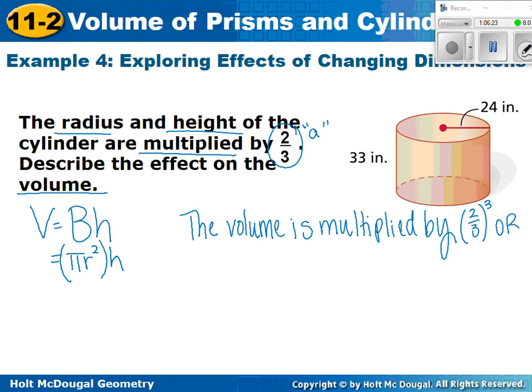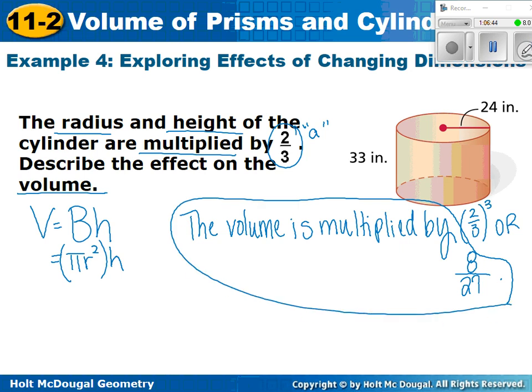What is 2/3 cubed? Easy way to do it is just to do 2 cubed and then 3 cubed. So what's 2 cubed? 8. And what's 3 cubed? 27. So we would say the volume is multiplied by 8/27. And that's all you have to do.